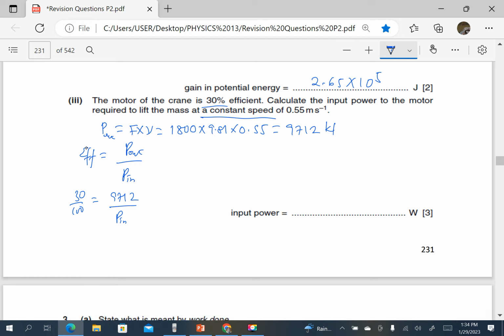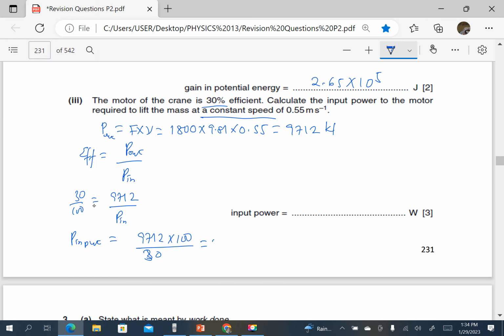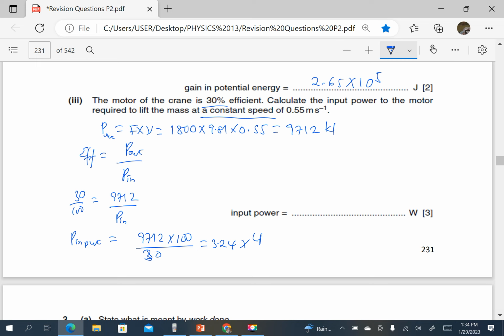So the input power is going to be equal to, I just cross multiply, 9712 times 100 divided by 30. That is 3.24 times 10 power 4.